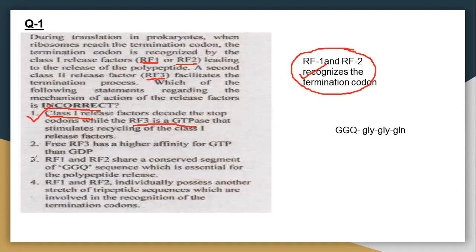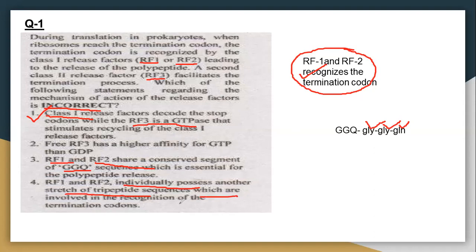Now option 3: RF1 and RF2 share a conserved sequence. Yes, GGQ, that is glycine, glycine and glutamine residues. In RF1 and RF2, each individually possesses another tripeptide sequence involved in recognition of the termination codon.